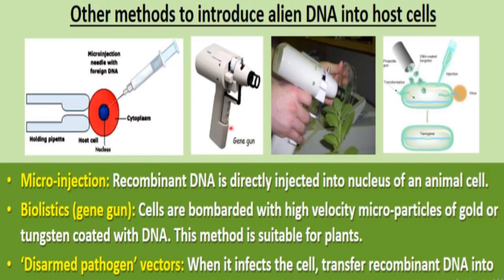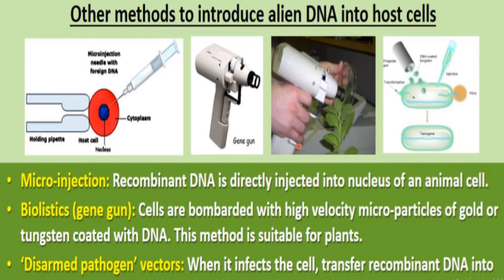Next method which can be used here is biolistic or gene gun method. This is gene gun, and we are calling it gene gun because it helps in bombarding the gene, the recombinant DNA. Recombinant DNA is a gene in itself, okay? So because it helps in bombardment of that DNA, that's why we are calling it gene gun. So how does it work?